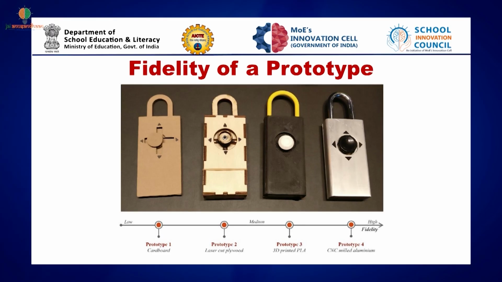Then we can move to a laser cutting model. We can then move to a PLA based 3D printing model. We can then move to a metal based CNC cut model, which is almost similar to the final product, aluminum model.